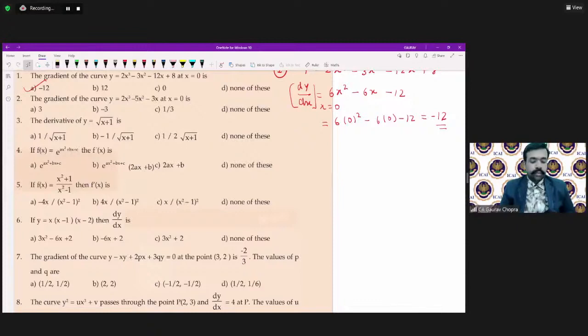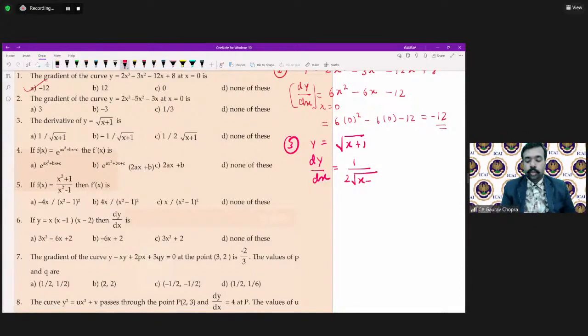Now the third one is very simple. You have to apply the chain rule here. See, it is very simple. Let me discuss here also. y is equal to root of x plus 1. So what we have to do? dy by dx. First we have to find the derivative of root. What is the derivative of root?